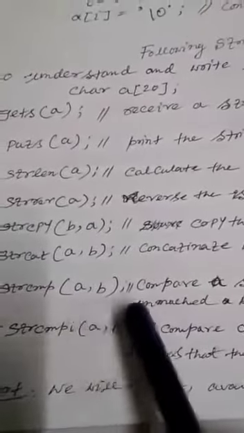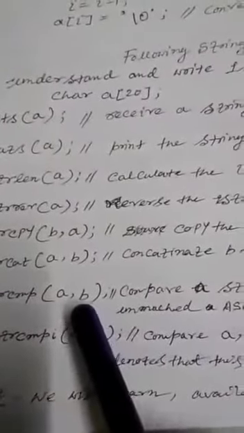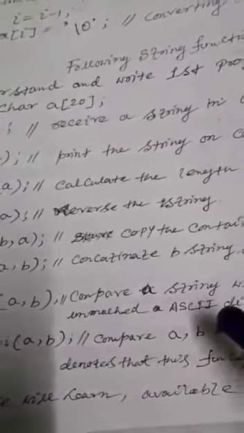strcmp, string compare, is a very useful function. It will compare both strings character by character, and returns the ASCII difference at the first mismatch, which is calculated internally and returned. And strcmpi compares a and b without regard to case.